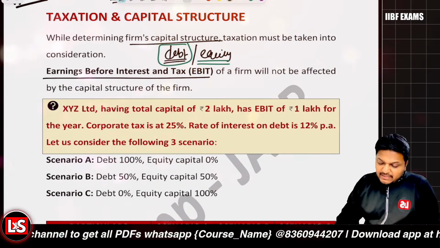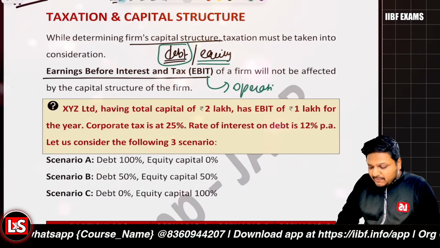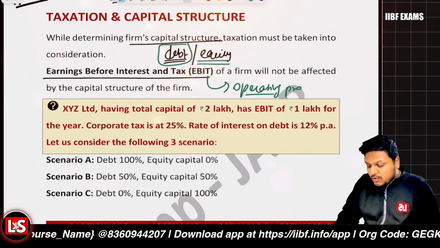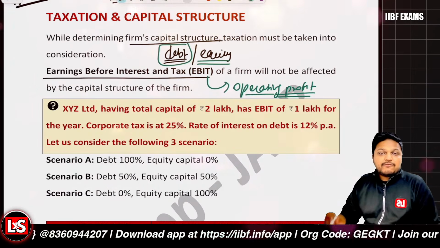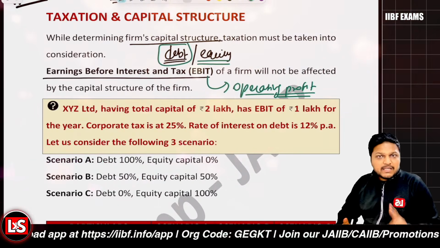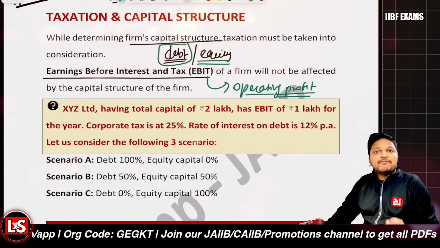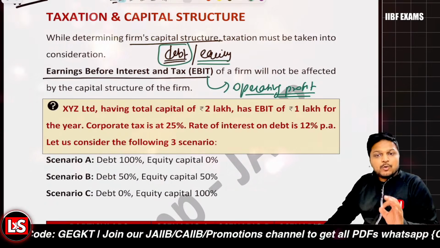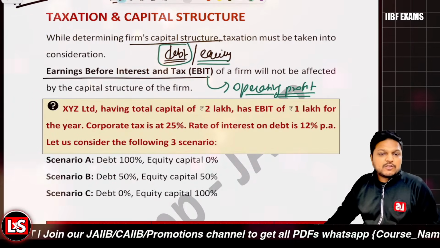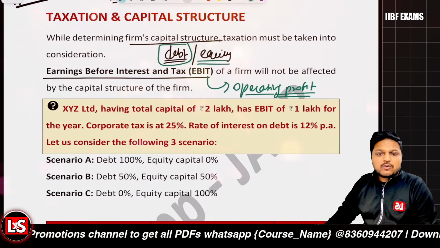EBIT is the operating profit of the firm, but before deducting the interest expenses and the income tax. So it reflects the profit which is purely generated from the core business operations.